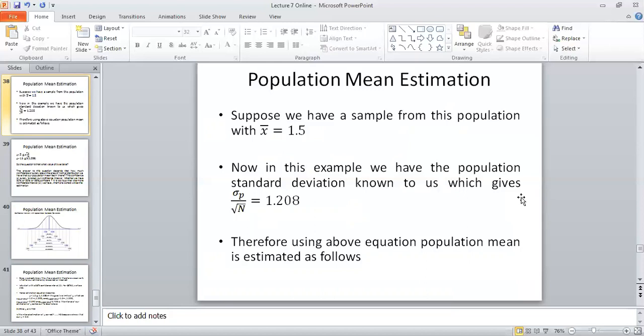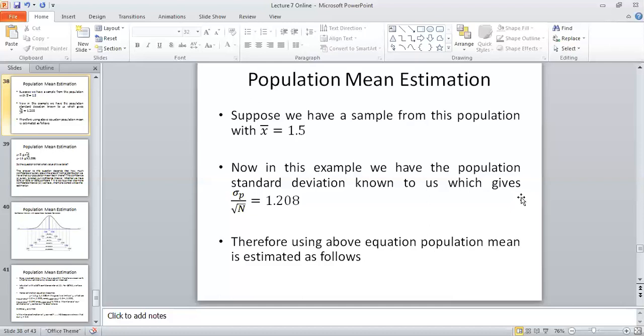Earlier we also know that sigma_p upon root n, or the population standard deviation divided by the square root of the sample size, is 1.208. We are taking a situation in which the population standard deviation is known to us.